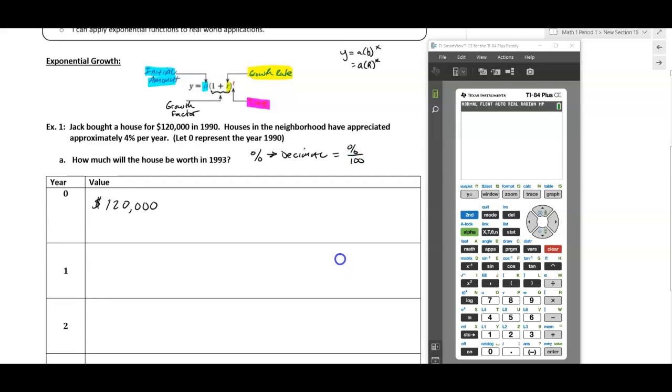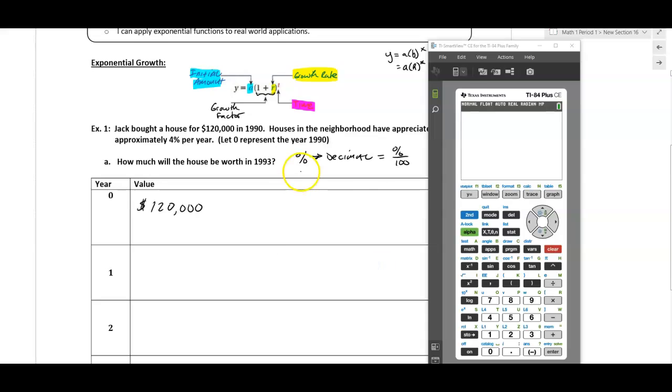So 4% as a decimal, if I take 4 and divide it by 100, the decimal would be 0.04. Anytime we calculate with that, we have to convert it to a decimal.